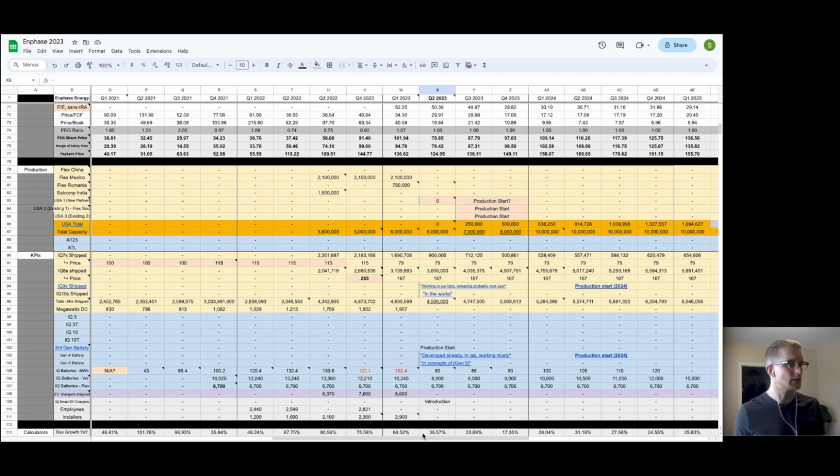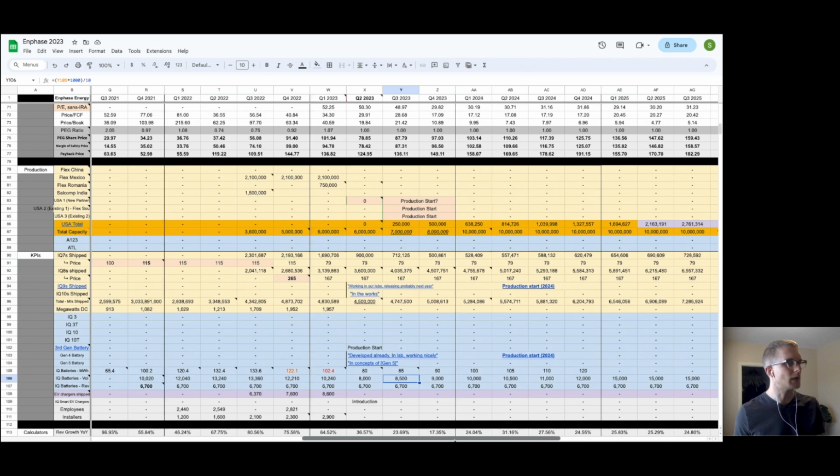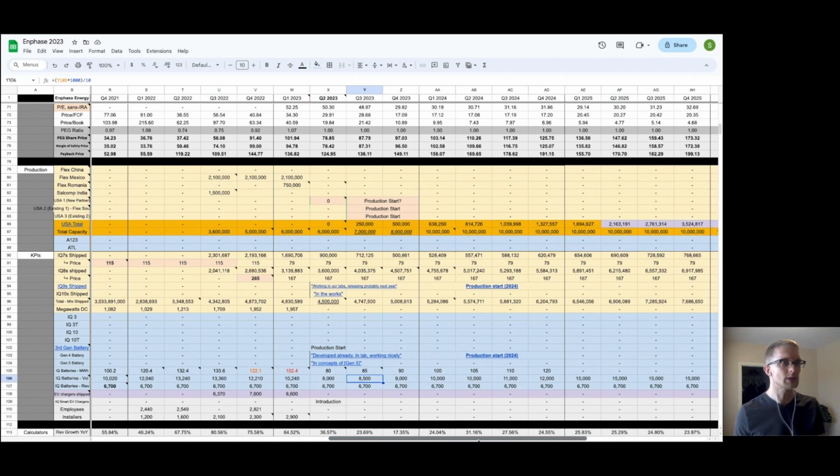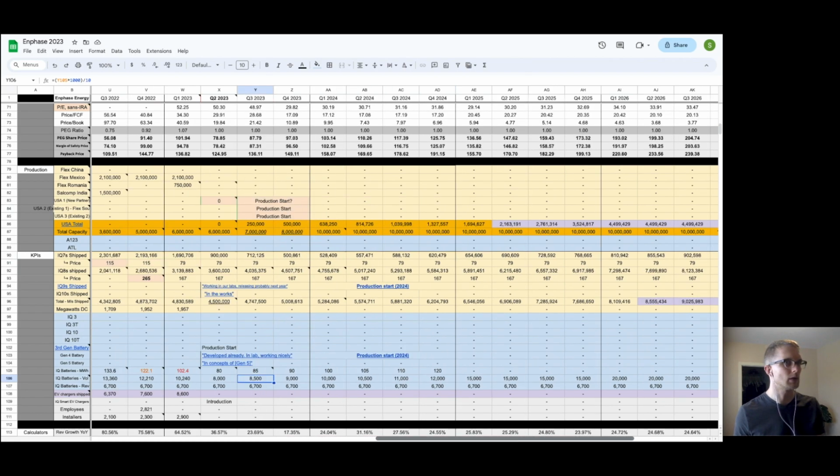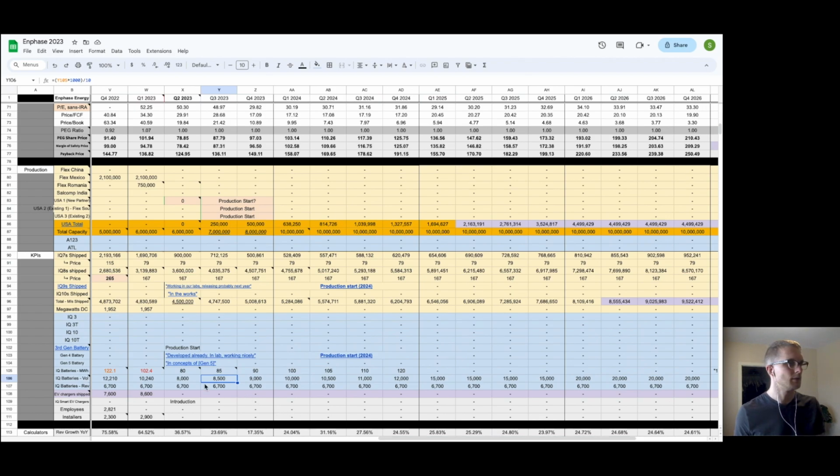So you'll see that the volume of batteries doesn't grow too crazy between now and the end of 2026. These are just put in arbitrarily. So safe to assume we can expect higher volume for deliveries, but aim for worst case, like I said earlier.